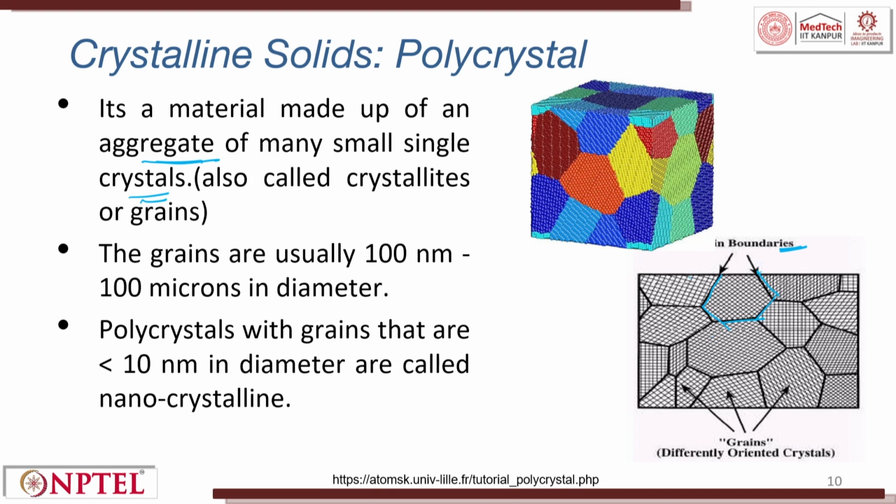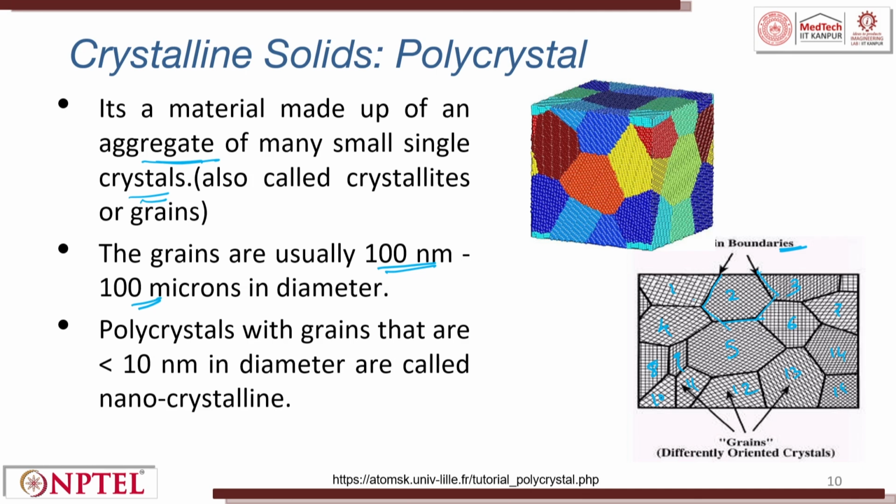That is why in a microscopic image, you see a black color at the grain boundary. Each of these grains will have different arrangements. All these things put together will be there in one material. The grains are usually 100 nanometer to 100 micron.